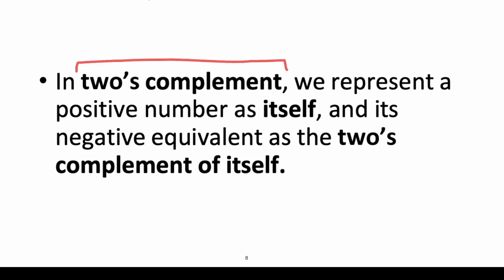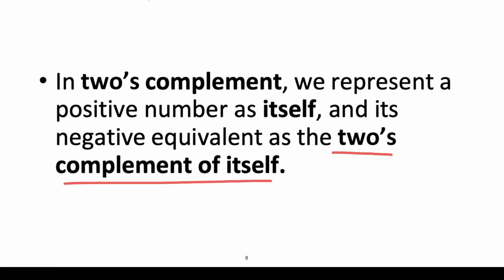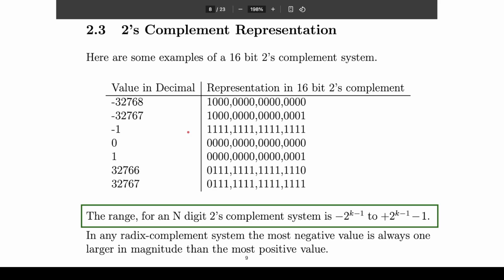Today, most computing systems use the 2's complement number system in order to represent positive, negative or zero integers, right? In this, the positive number is represented as it is, that means you take the number and convert it into binary, and the negative integer is converted into 2's complement form, right? We'll be talking about this one. Now these are some examples of the 2's complement number system.